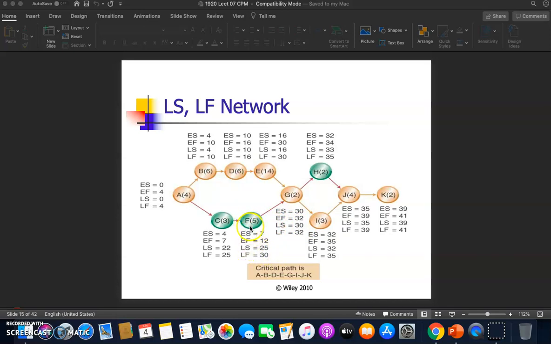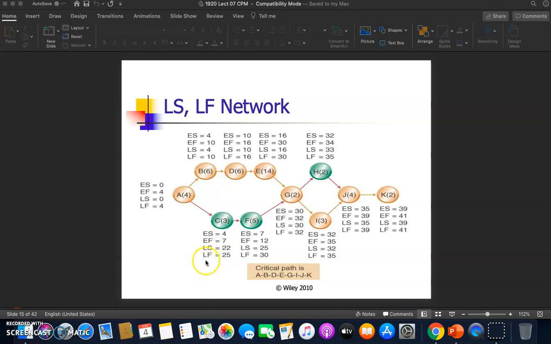So for activity F, late start is at week 25. So for activity C, late start is at week 22. So it depends on activity F depending on C. So C must finish first before we can do activity F. So 25 minus 3, then we got 22.